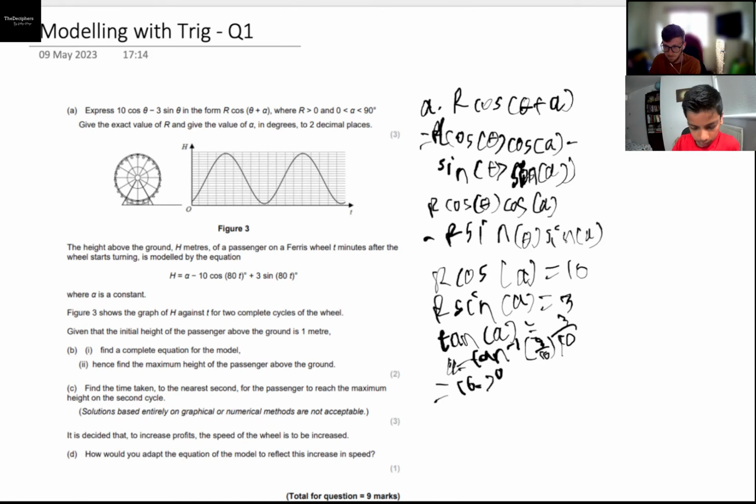And also it says to 2 decimal places, so it's 16.70 degrees.